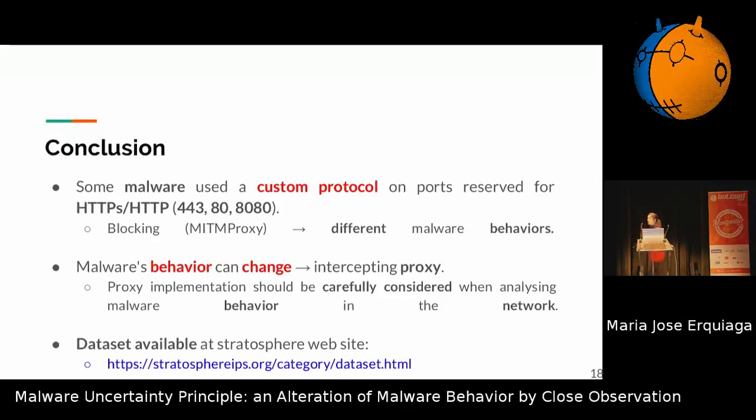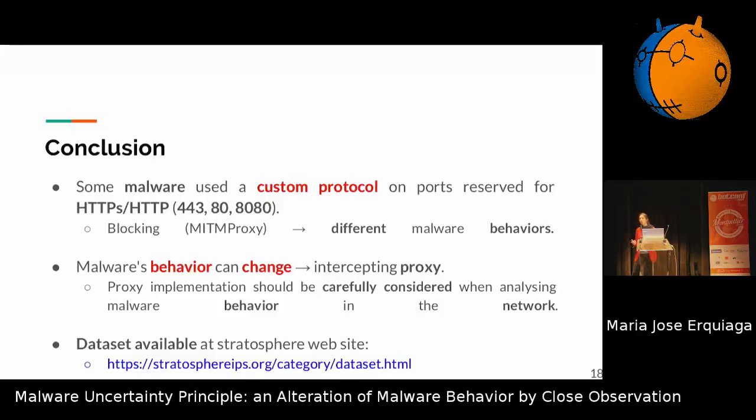So the conclusion is that some malware uses a custom protocol on ports reserved for HTTPS and HTTP, meaning port 443, and ports 80 and 88. Blocking this connection by the proxy generates new malware behaviors.